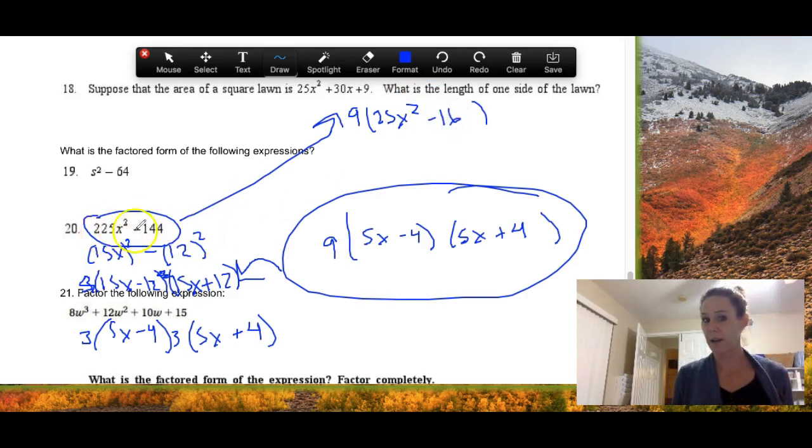Okay. Pull a 9 out of both of those. They have a common factor. I pulled it out and left me with 25x squared minus 16. Now that's the difference of perfect squares. This is 5x squared. So I'm going to go ahead and do the difference of squares. 5x squared, and then this is 4 squared. So it factors like this. 5x minus 4 and 5x plus 4.